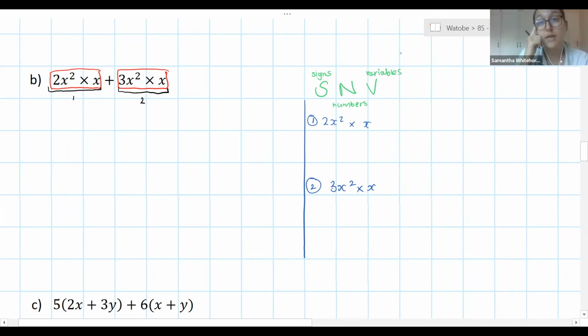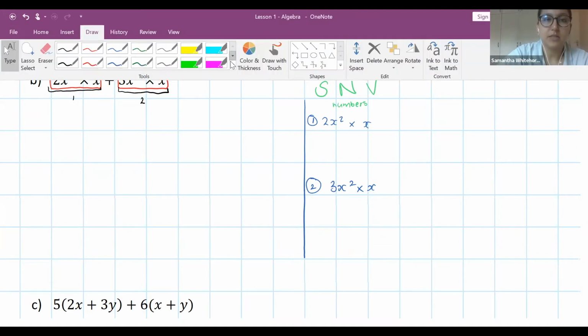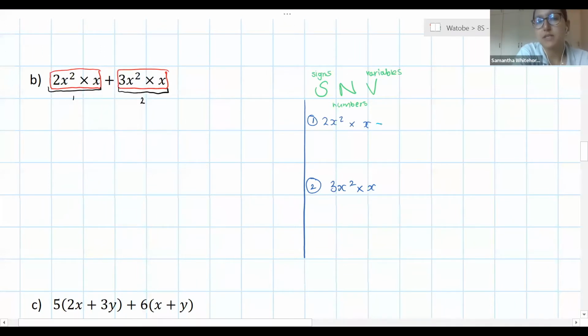If I'm multiplying 2 variables, the exponents can change. And again, I'll make a little note of that in a second. So let's do the first multiplication. I've got a positive times a positive, because it's positive 2x squared times positive x, which means that my answer is going to be positive. I obviously don't have to write the positive there. I just need to deal with the sign. So I've got a positive answer.